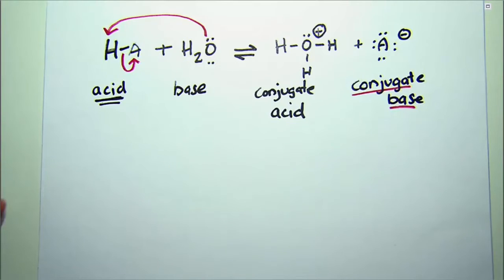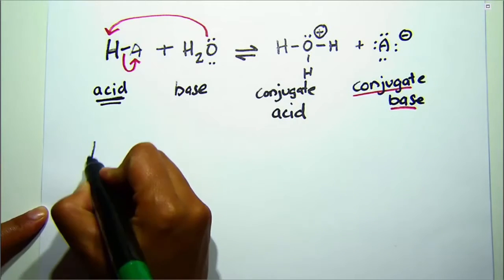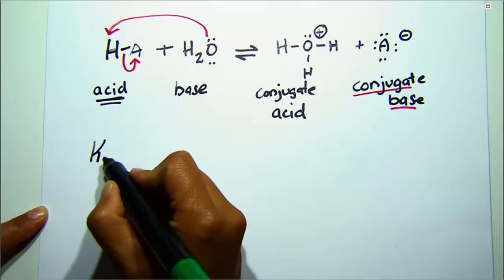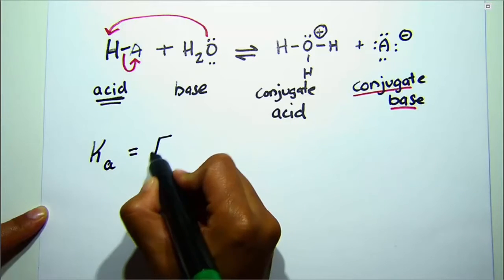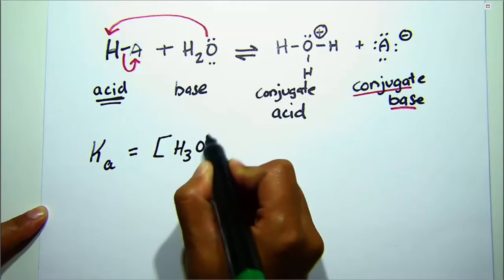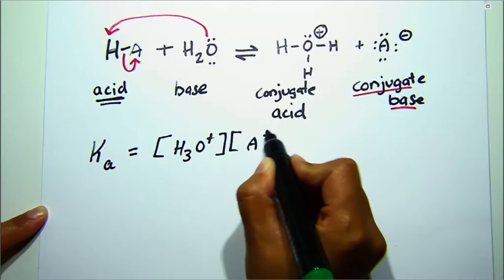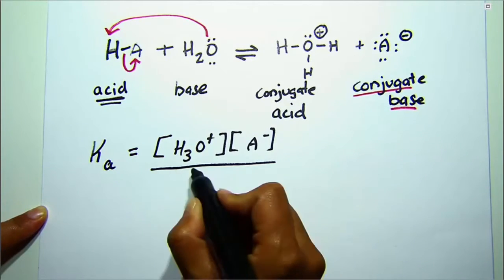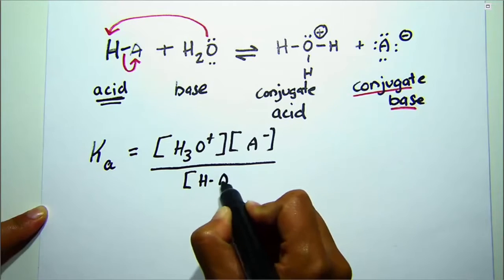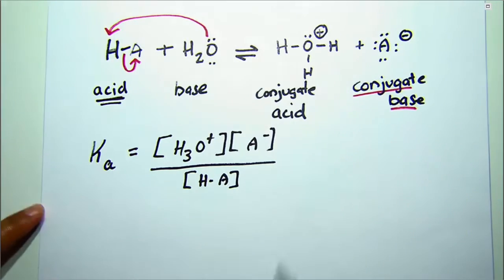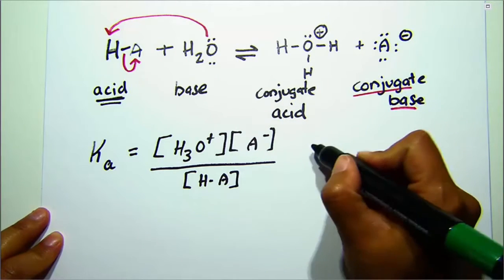So just as a reminder, we're going to define the equilibrium as Ka is equal to the concentration of H3O plus times the concentration of A minus divided by the concentration of HA. And in this case, water is the solvent, so it's relatively constant, and so we're going to ignore that. And this is going to be called the acidity constant.